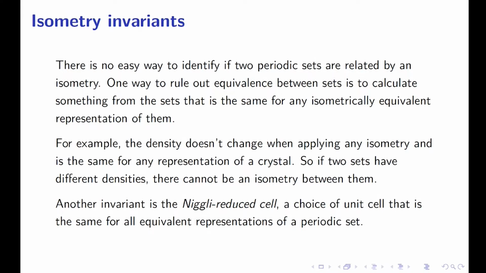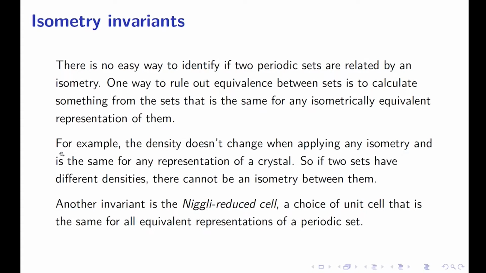So an isometry invariant is something where you calculate something from your periodic set, and that won't change if you choose any equivalent representation of that periodic set. So I think a good intuitive example is density. You can think of density like a chemist, or we should be thinking about point density, since we've thrown away the atomic types: the number of points per unit area or per unit volume.